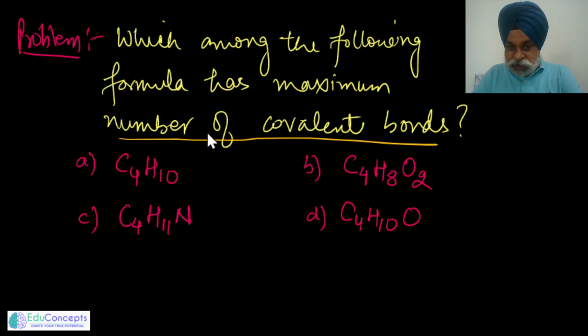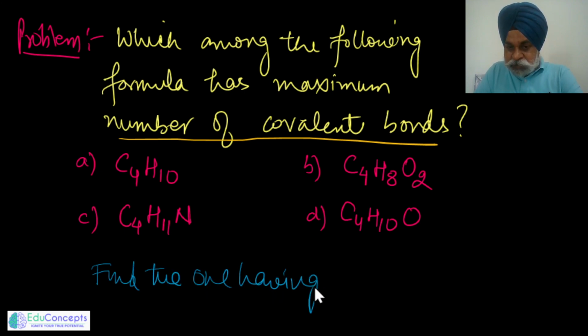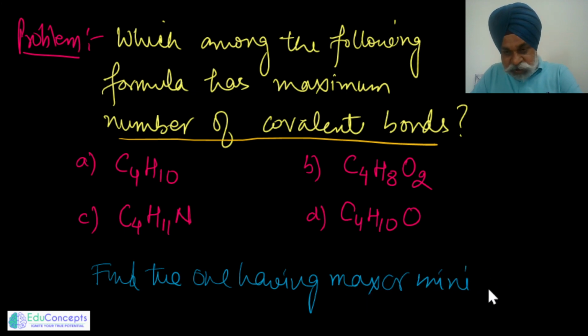I would suggest you also find out, in this particular question, another type of question that can be asked for these four options: find the one having maximum or minimum degree of unsaturation, as per the taste of the examiner. This could also be asked.